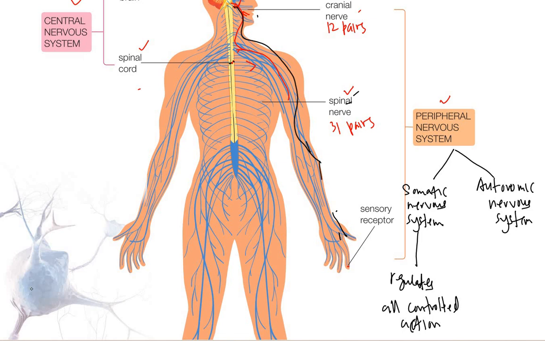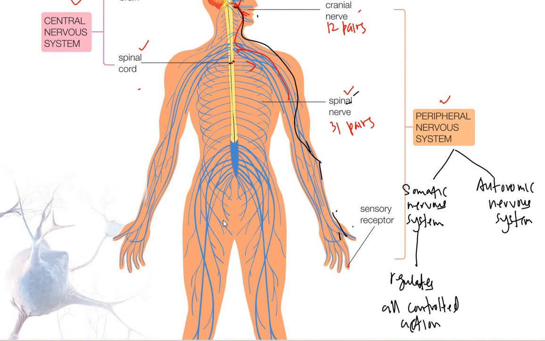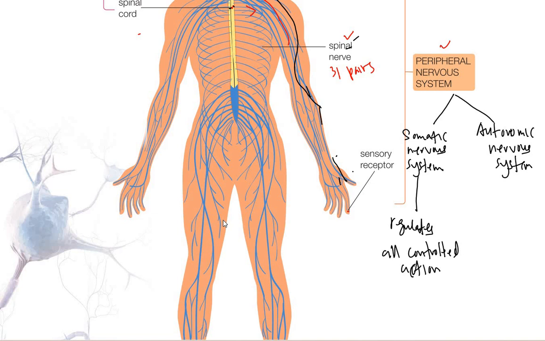The spinal nerve, the cranial nerve, functions to send the impulse to the brain, to the cerebrum, for example. And then from the brain we also send back to the effector. So this one is for the somatic nervous system.